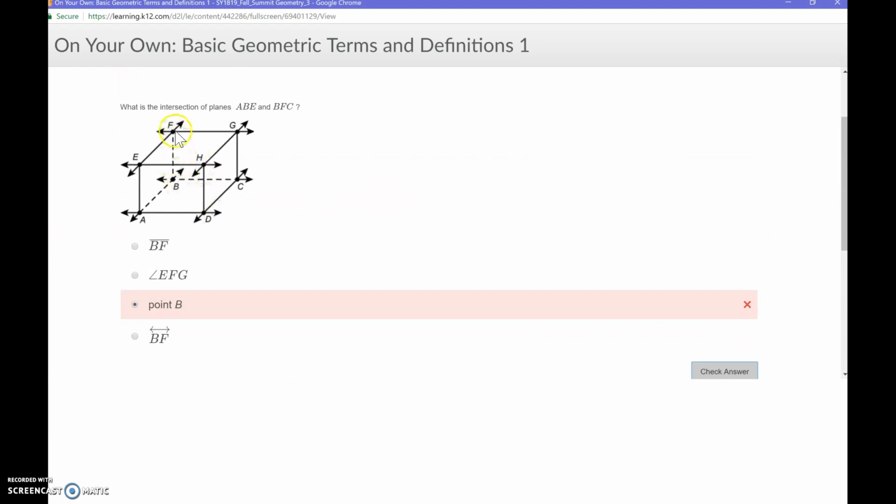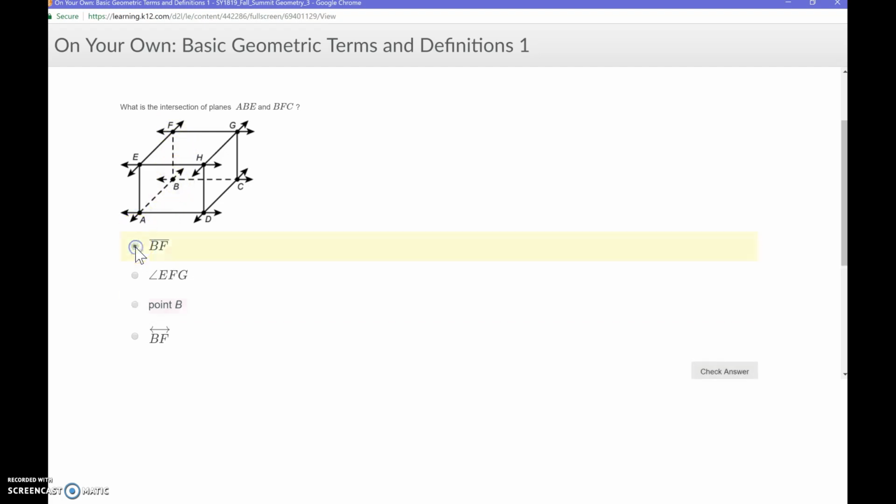So it makes a line, this line, not just point B, but this line BF. And so two planes, do they intersect at a line, which has two arrows going on forever, or a line segment? Do these seem to go on forever?